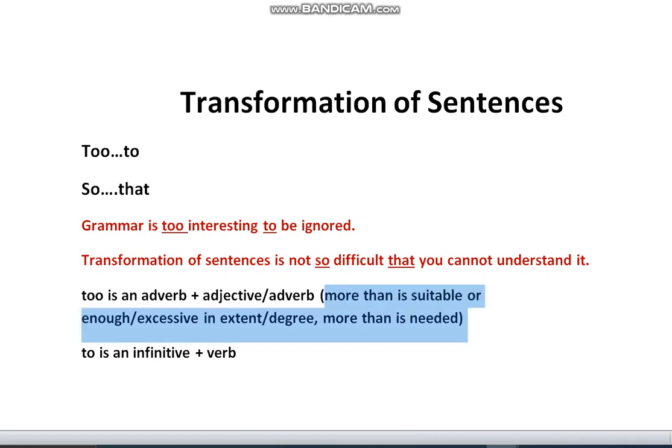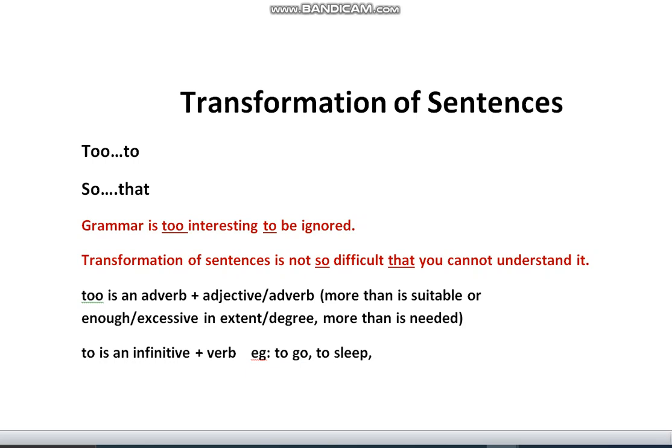Here it means this. And "to", as I said before, is an infinitive and it is followed by a verb. Examples can be to go, to sleep, to eat, etc.